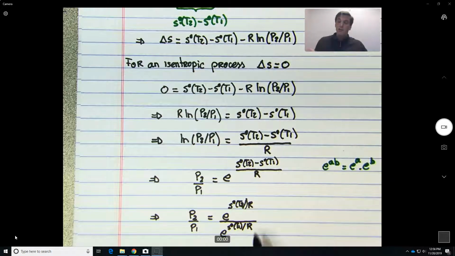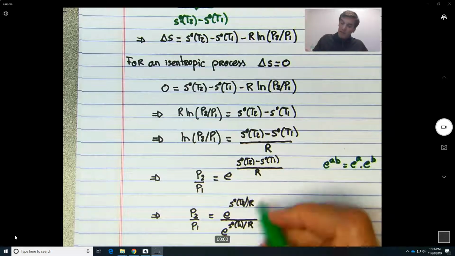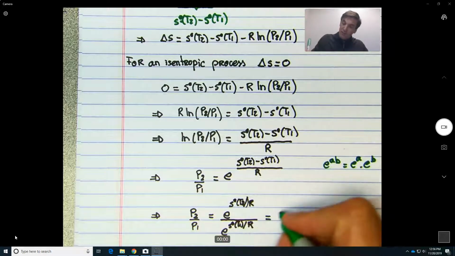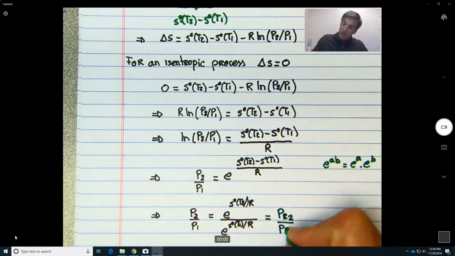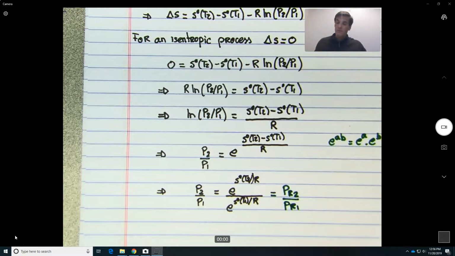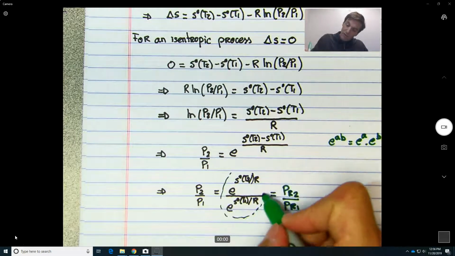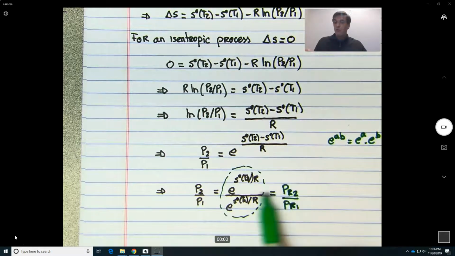This is not that important, but what's important to notice is that this term, since R is constant, will only be a function of the temperature. So this term over here is actually what they call P sub R. So this would be PR2 over PR1. All this term, the exponential of S divided by R, is the PR.